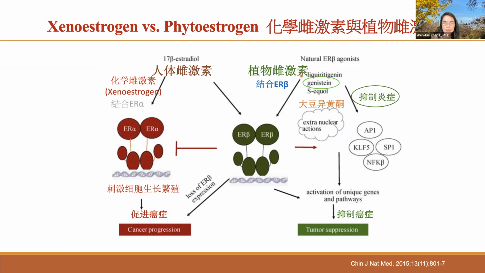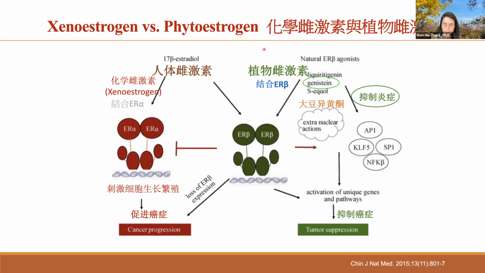And phytoestrogens, the estrogens from plants. Phytoestrogens bind to estrogen receptor, but it binds to estrogen receptor beta subunit. Xenoestrogen binds to estrogen receptor alpha subunit, like ER alpha, and phytoestrogens bind to ER beta.